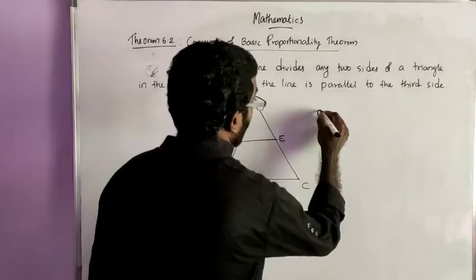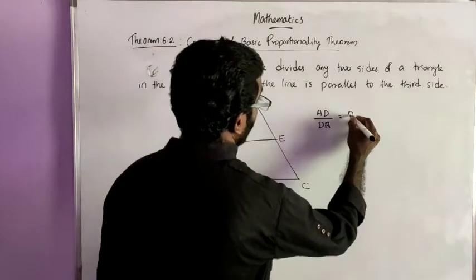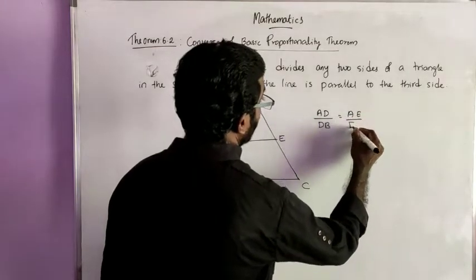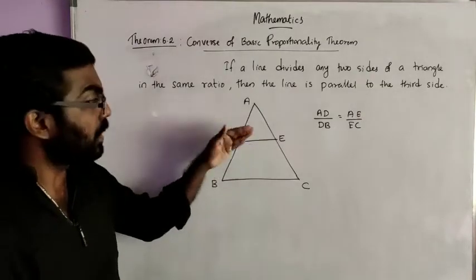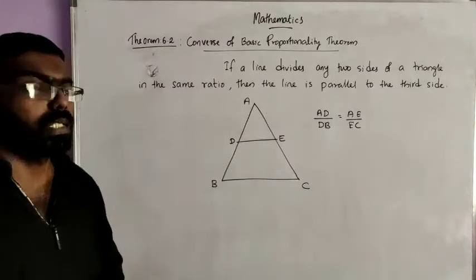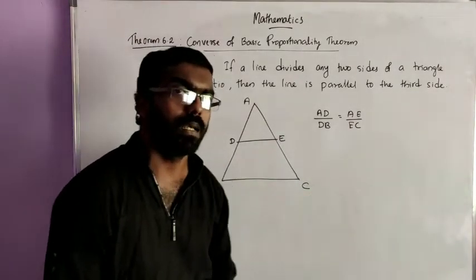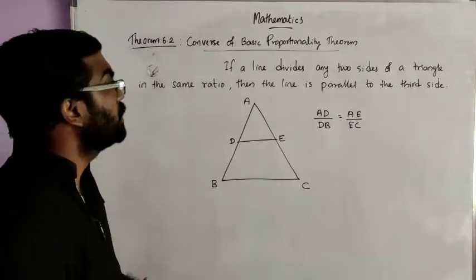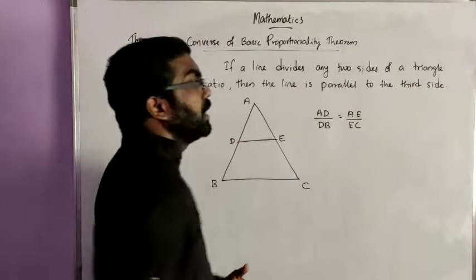That means here AD by DB is equal to AE by EC. The line DE divides AB and AC in the same ratio, so AD by DB is equal to AE by EC. Then the theorem states that the line is parallel to the third side.